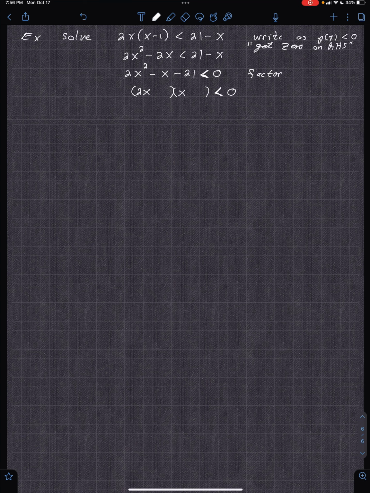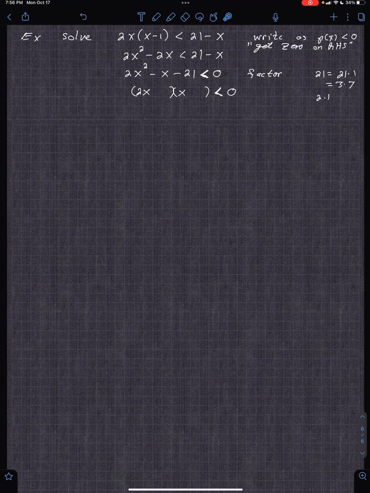And then you do a little stuff off to the side if you want. 21 is 21 and 1, or 3 and 7. And it looks like you want the difference to be 1, after you do the product. And then you have 2 and 1 as well.